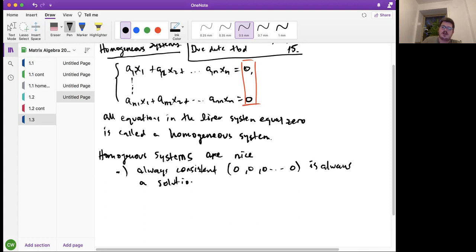Does everyone see why zero is always a solution? Right, plug in zero to everything, and you're always going to get zero, right? So that is always a solution. But it's important to note that zero may not be the only solution.